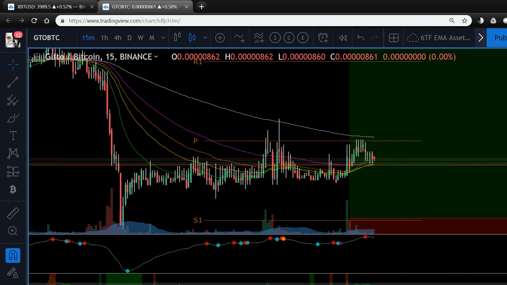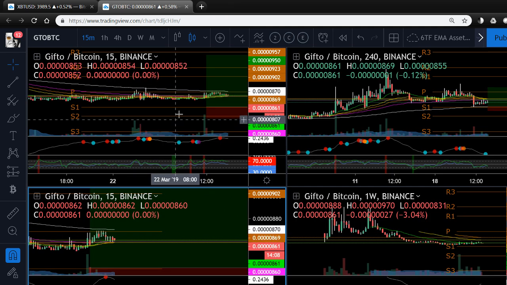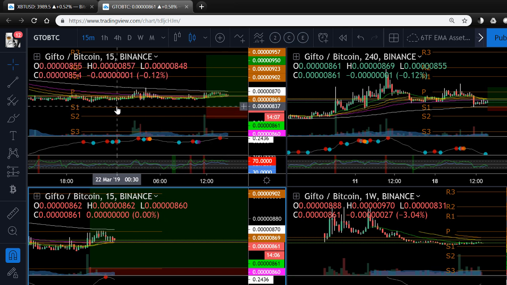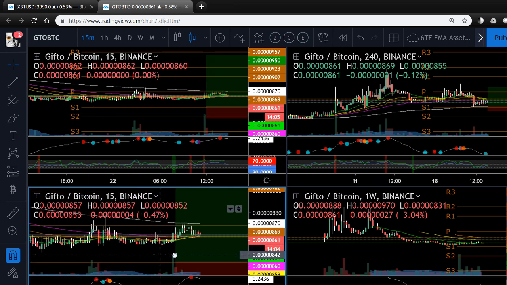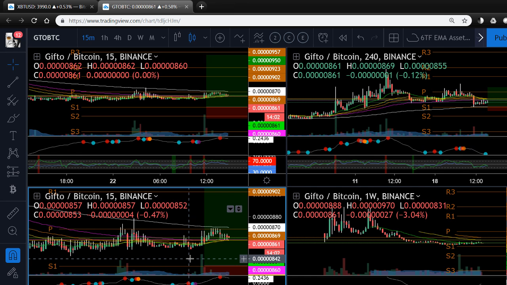Let me zoom out. When we break the 200, we could break above it, and then the market knows that everybody's gonna be excited.